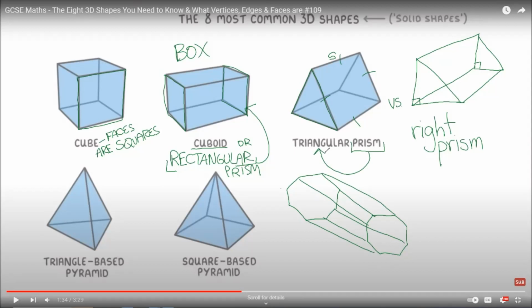This is my horrible attempt at an octagonal prism. You could have a pentagonal or a hexagonal prism, and that just means that the bases are this equal shape, and then you put faces to connect them into 3D.